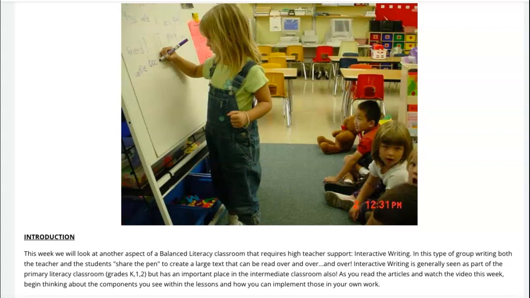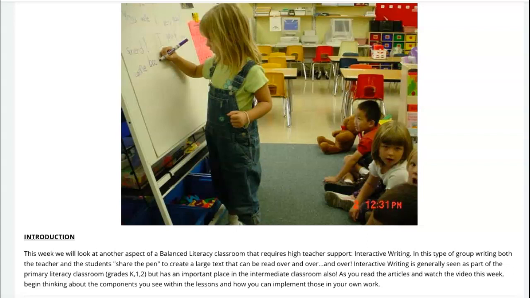They're attending to spaces, developing word-by-word matching, directional movement, and monitoring using sound to letter formation. Remember, the goal of interactive writing is to shift control to the children to become independent writers.